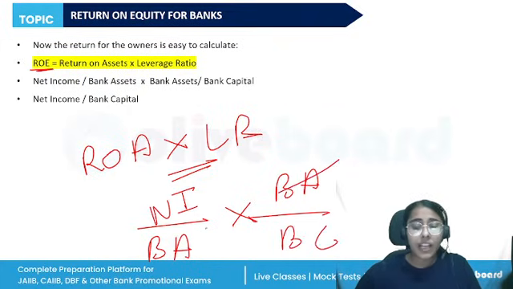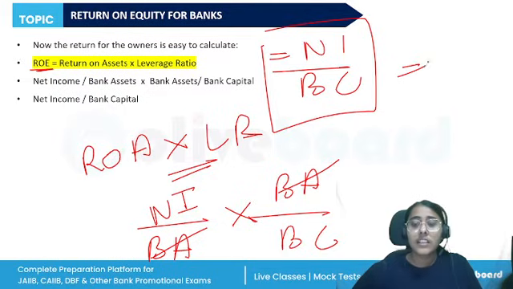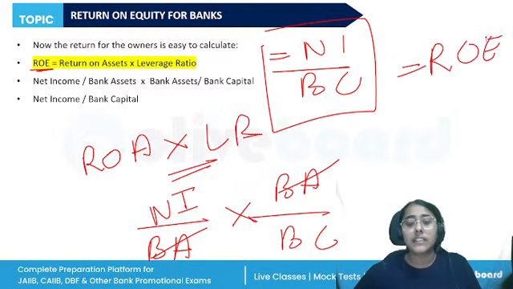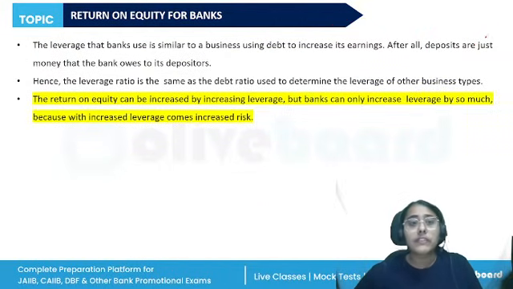We will cancel out the bank assets from both sides. Simply the net income divided by the bank capital will give us the return on equity. So this is how we calculate the return on equity. I hope both the formulas are clear.